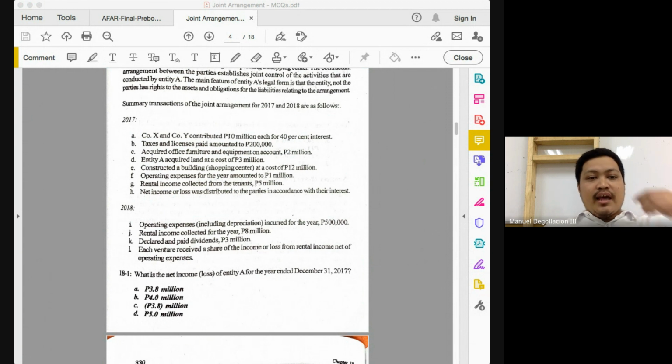Letter D, entity A acquired land at a cost of 3 million. Again, this will not affect your computation of net income. Letter E, construction of a building. Again, it will not affect the computation of net income. Letter F, operating expenses for the year amounted to 1 million. Will this be included in the computation of income? Yes.